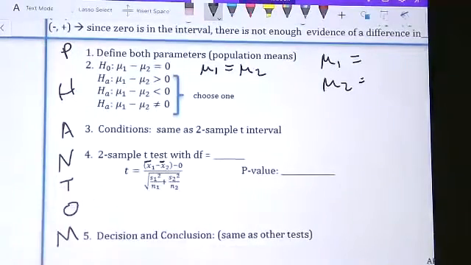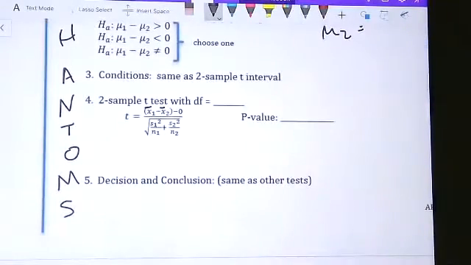Make a decision. And state your conclusion in context. Same as other tests. If my p-value is less than 5%, I reject the null. There is convincing evidence that whatever the problem is asking. Okay, so all of that is the same as what we've been doing.